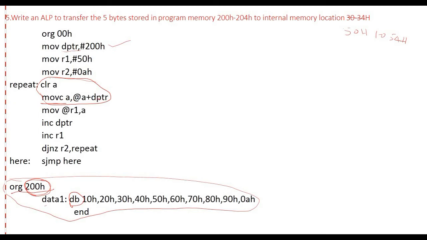When this instruction is executed, A will get the data 10H, which is stored in 200H. The starting address is 200H. So 10H is stored in 200H, 20H in 201H, 30 in 202, 40 in 203, and so on, up to 209H.